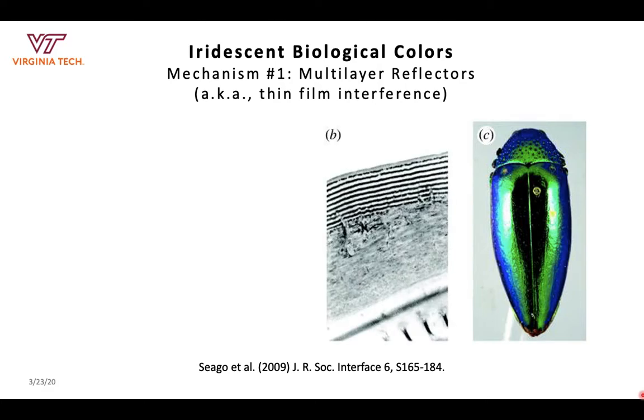If you were to take that cuticle and slice it open and image it, you would see something like this. And the banding, those dark and light areas of alternating contrast there, are referring to a bunch of multi-layers that ultimately are the source of the color that, again, we perceive.